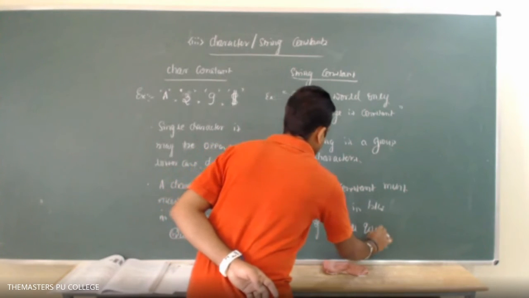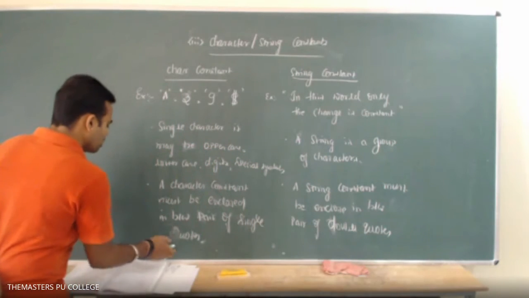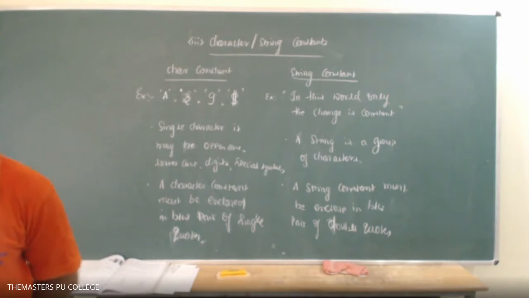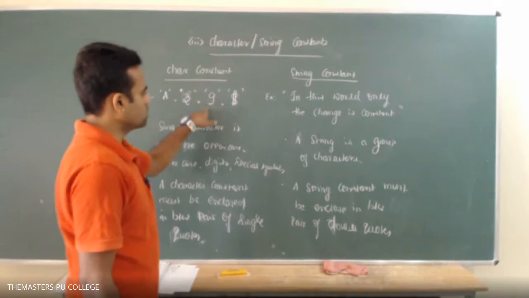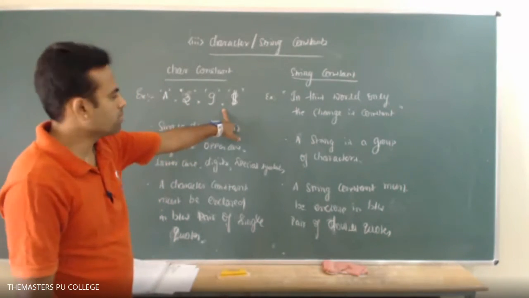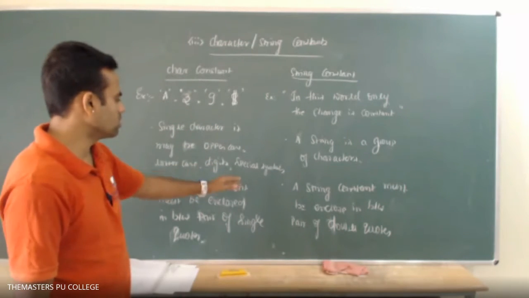So uppercase, lowercase, digits, and special symbols like the dollar symbol. These are all single characters, may be uppercase, lowercase, or special symbols.